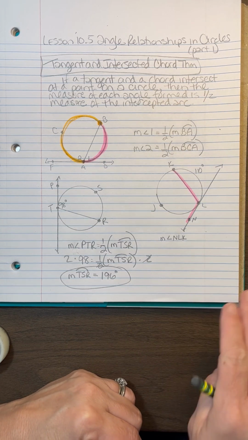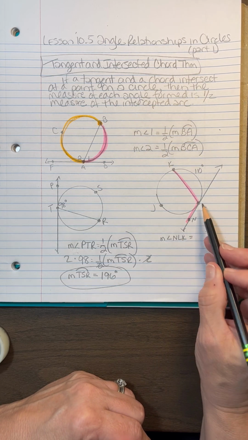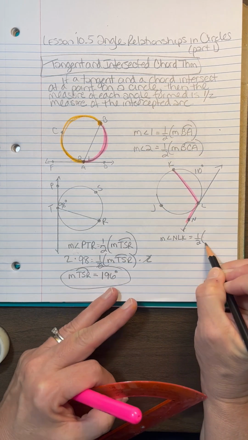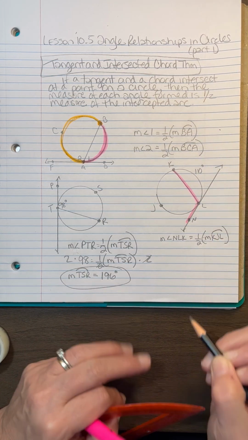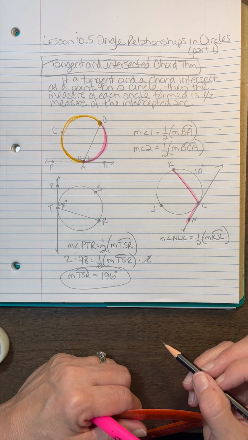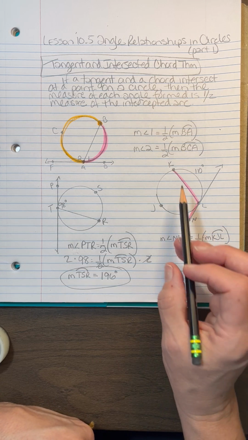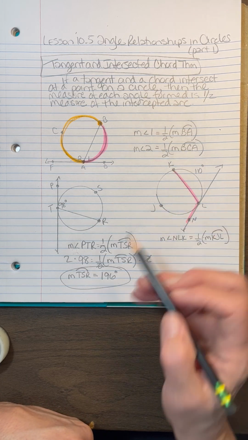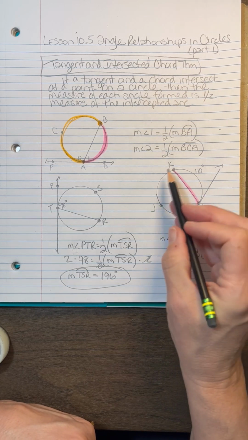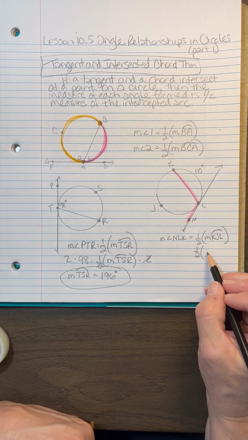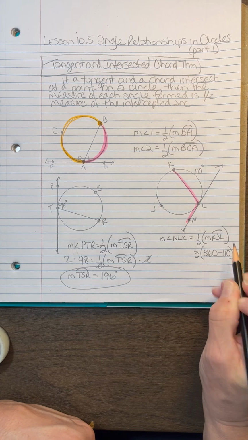Okay, so what could we do? Well, let's put what we know. We know that the measure of that angle right there would be half the measure of the arc KJL, right? Could we say then that the measure of this arc over here, arc KJL, wouldn't that be the same as, because we have that whole circle, right? Wouldn't that be the same as 360 minus the 110?